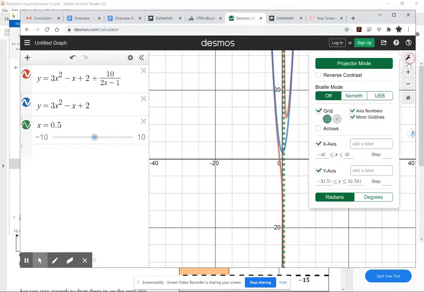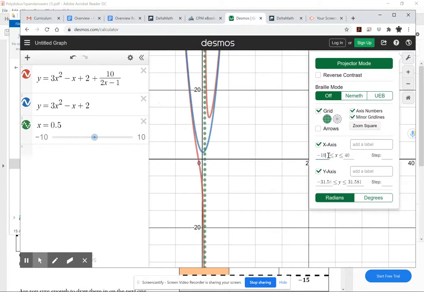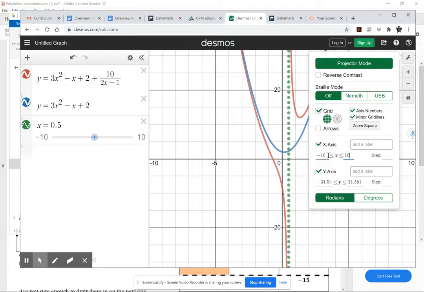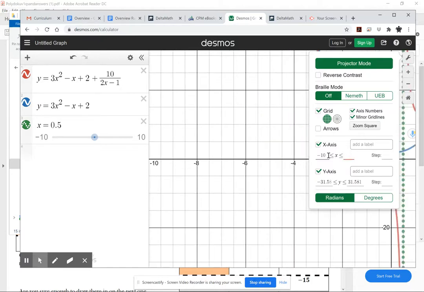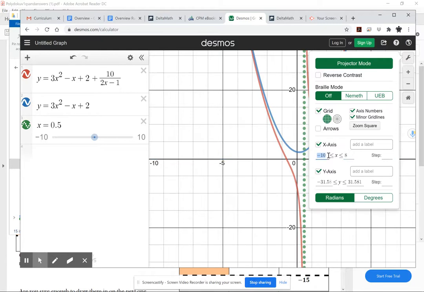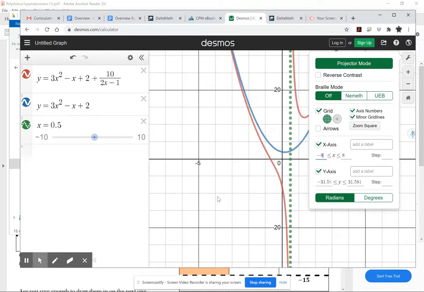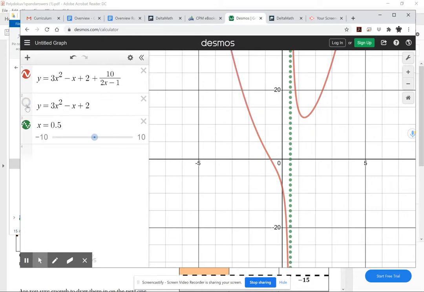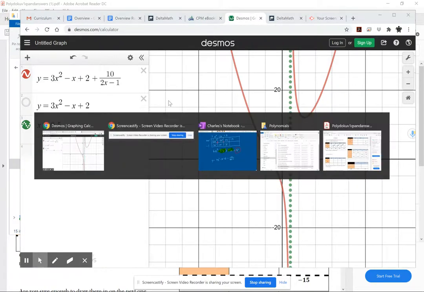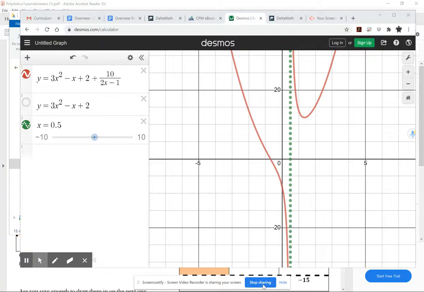And then if I change my scale to account for the fact that y grows much faster than x, in this case, maybe between -8 and 8, you start to realize that this function, the one that I'm showing now, is simply that parabola with a big distortion right where x is equal to 1/2, and that distortion is called a vertical asymptote. And we'll talk more about that, but I thought this was a good introduction to that idea of a vertical asymptote.